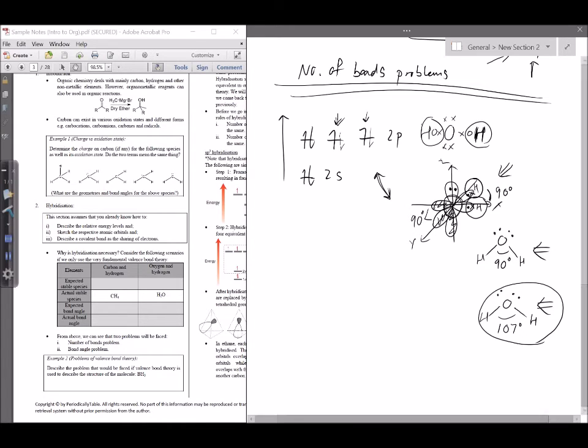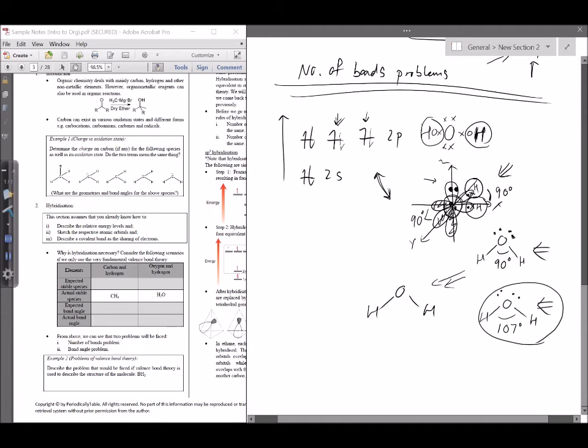And just as a side note, if you were to look at the lone pairs, these two lone pairs are definitely degenerate. In other words, they are similar. But if you were to look at valence bond theory, one of the lone pairs is situated in the p orbital, another lone pair is situated in the s orbital.